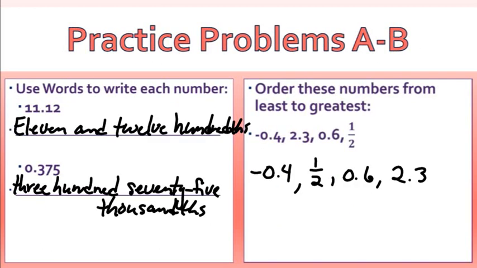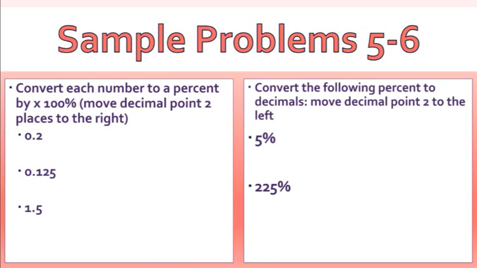Next examples. Convert each number to a percent by multiplying by 100% and then move the decimal point 2 places to the right. So we need to convert the decimal to a percent. To do that, we multiply this by 100 or move it 2 places to the right. So 1, 2, so there's a 0.